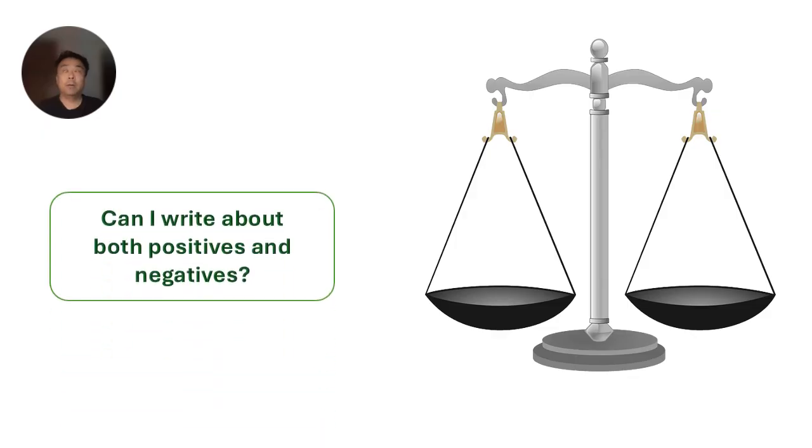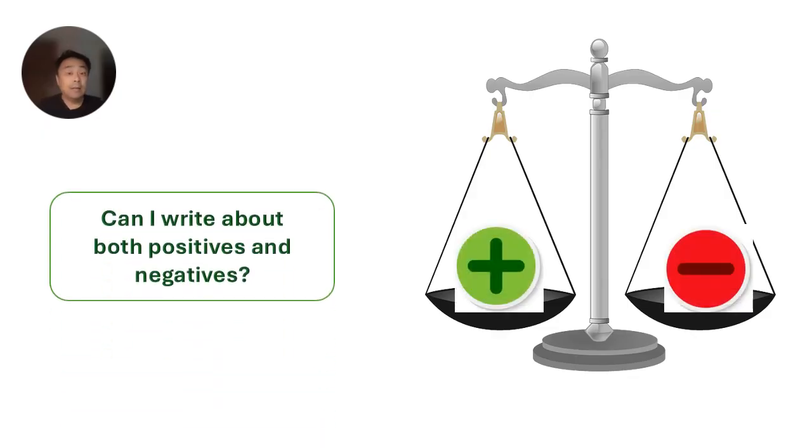Uh-oh. Teacher, can I write about both positives and negatives? Okay, yes, technically you can, but you run the risk of turning this into a discuss both sides type of essay, a discursive essay. Remember, the question asks you, is it positive or negative? It's asking you for your opinion.